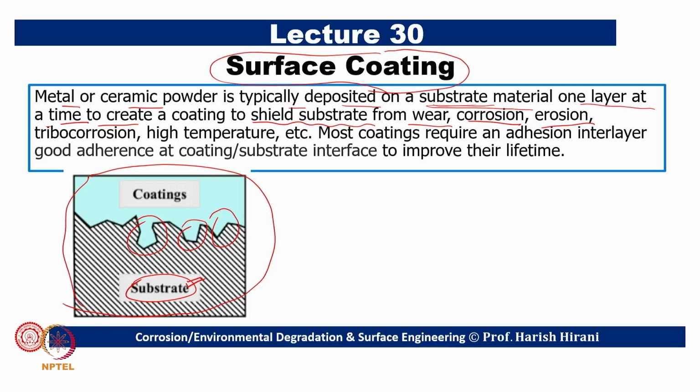But if we have an erosion-resistant coating, then erosion will come down significantly. Here the term tribocorrosion comes in, that is, corrosion plus wear, the combination. Or we want some sort of insulation to protect from high temperature, so the coating can also act as an insulator. Those things are possible.